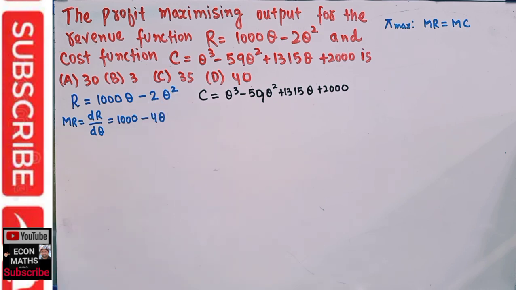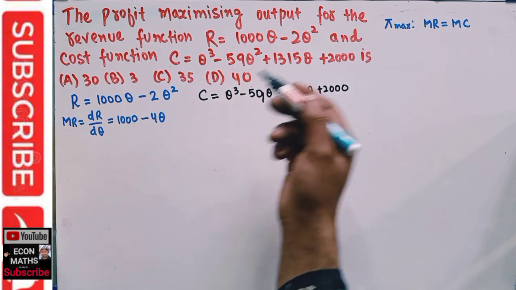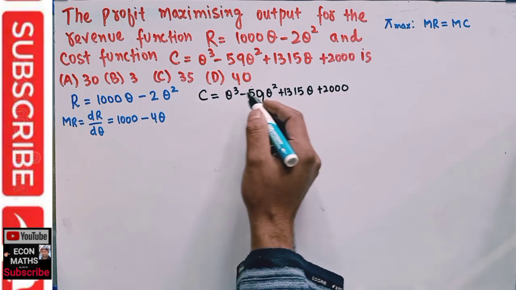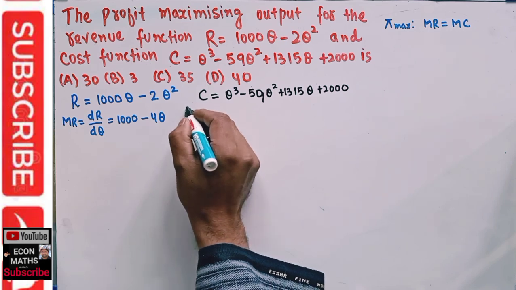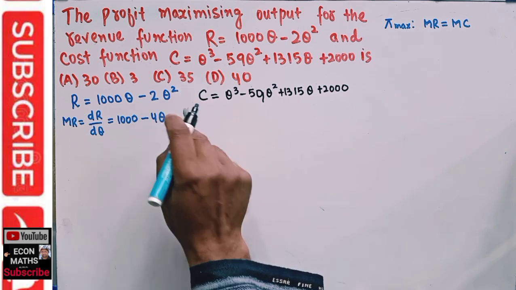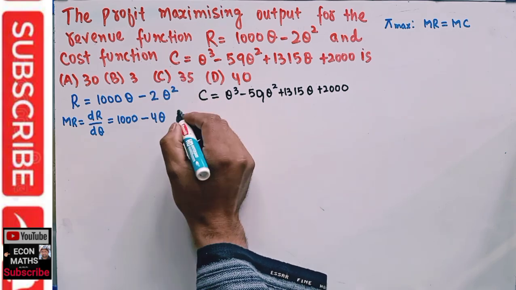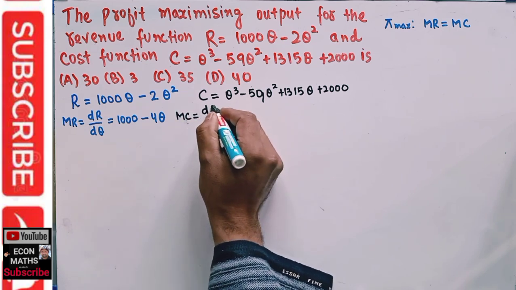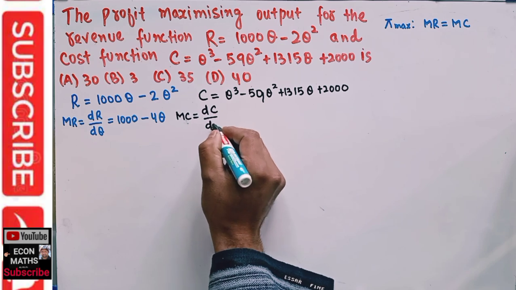Similarly, to find the marginal cost, we take the derivative of this total cost function with respect to output. Our marginal cost will be the derivative of the cost function with respect to output.